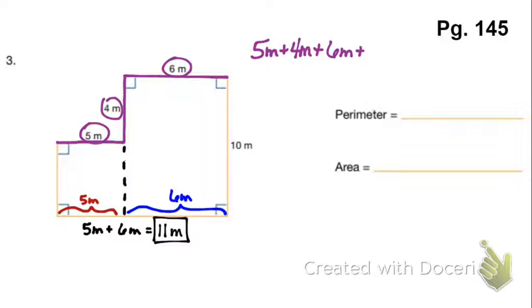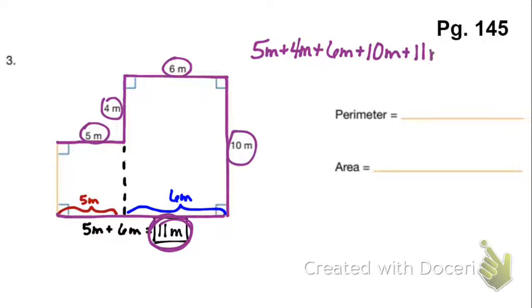Then we come down the right-hand side. That is how big? 10 meters. We go across the bottom. And you guys told me the bottom was how big? 11 meters. Am I all the way around this shape? No. I still need one more piece of information, don't I? How big is that side over there that I'm missing?